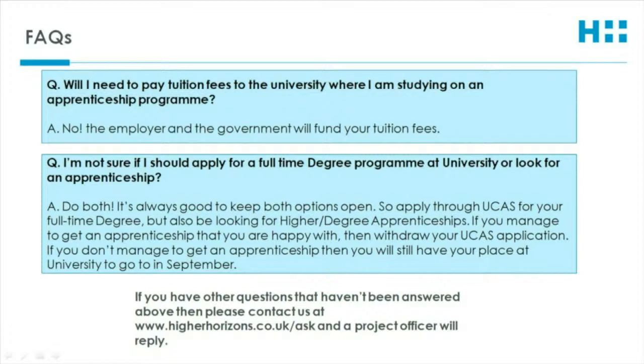If you don't manage to get an apprenticeship that you want, or there's nothing that comes up that's right for you, then you'll still have your place at university to go to in September. So don't worry if you're caught between two minds. There's nothing to stop applying for both and keeping your options open. But as I said at the start, really do your research and be proactive, and think about your options going forward.